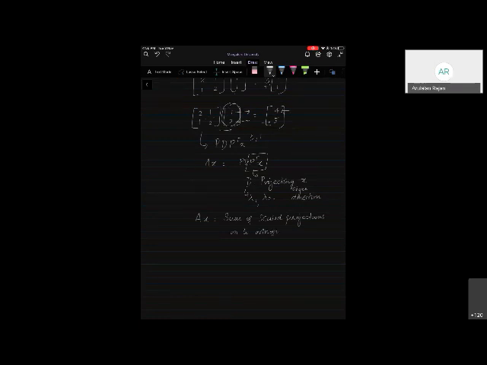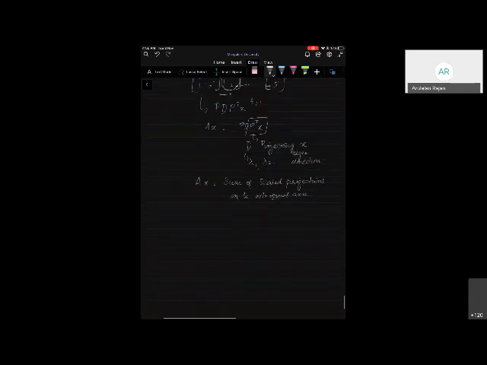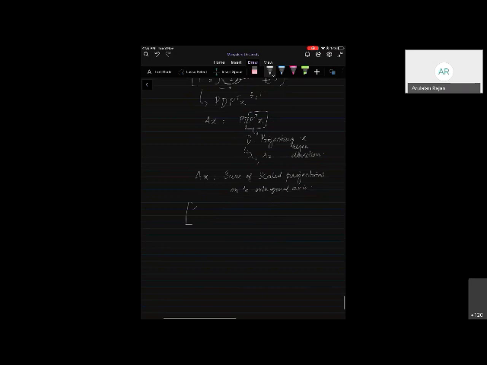Now, the best example is our standard unit identity matrix. You take this vector 4, 3. It's nothing but the dot product of this with 1, 0 in the direction of 1, 0, plus the dot product of 4, 3 with 0, 1 in the direction of 0, 1.